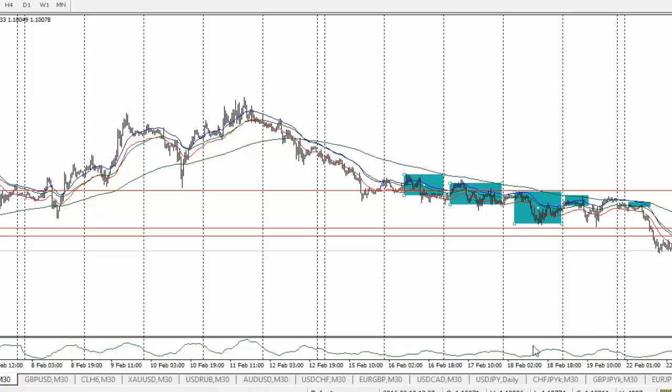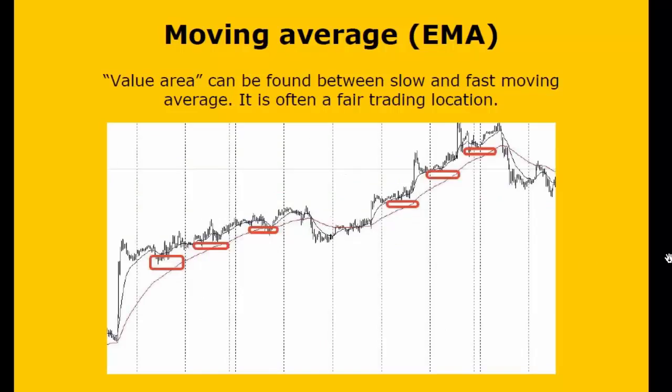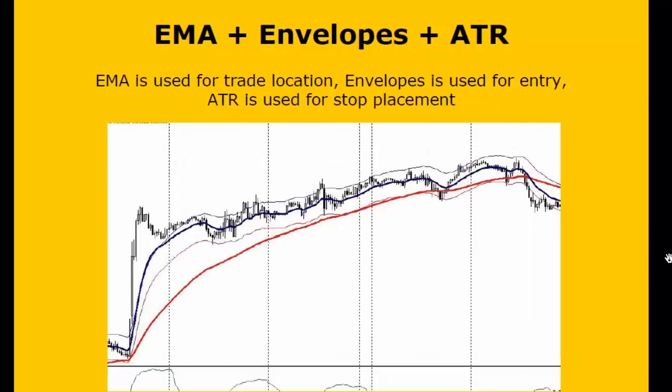Let's once again get back to this concept and remember how we can apply 3 indicators simultaneously. For example, we use moving averages as a method to measure value, because when we place slow and fast moving averages in the market, we can get an idea of the value area.